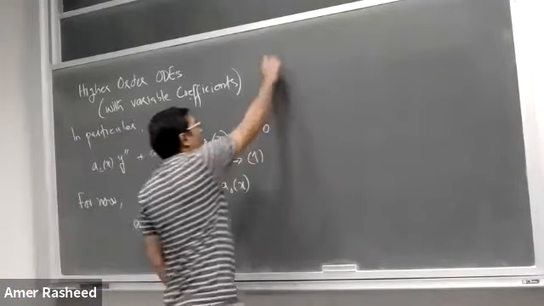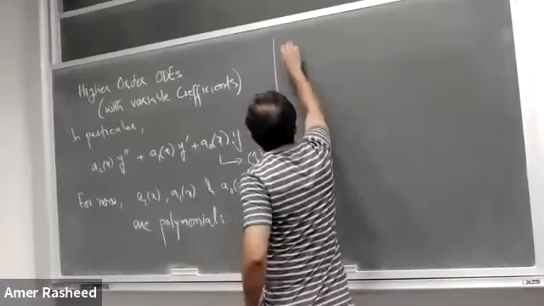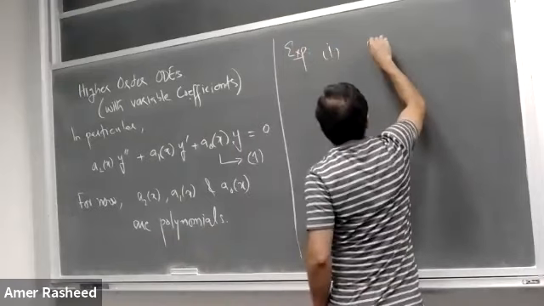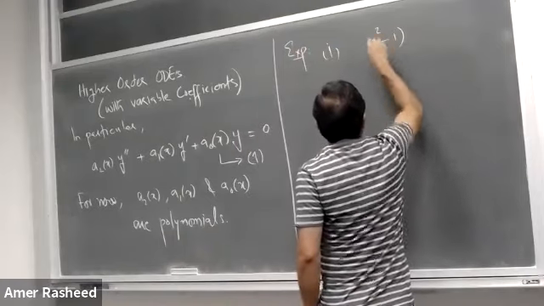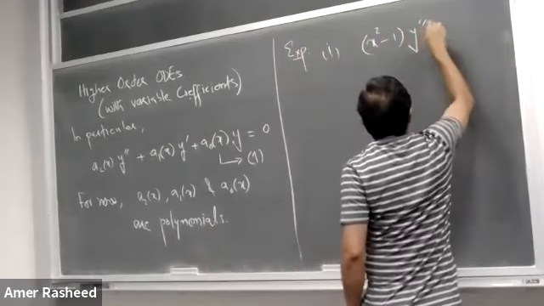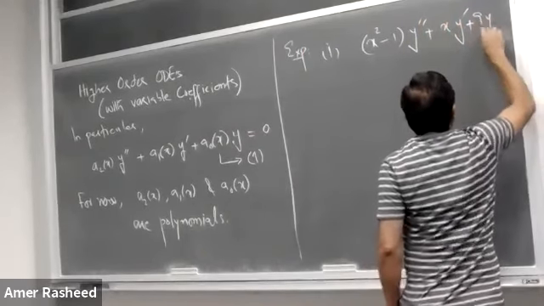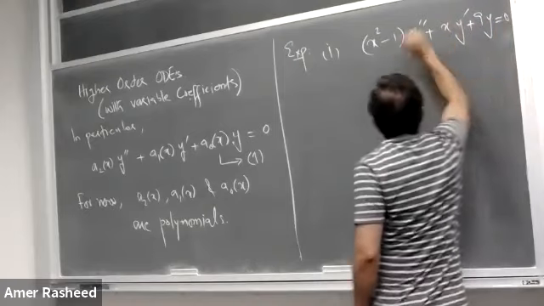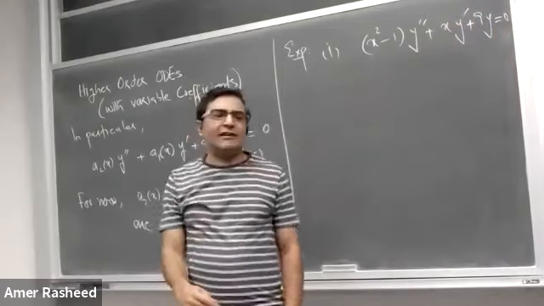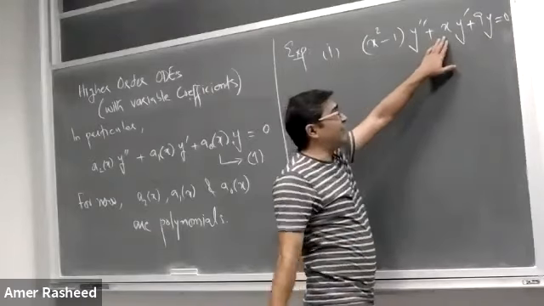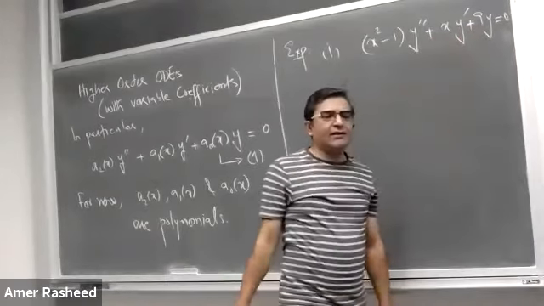For example, if we have an equation of this form, maybe x squared minus 1 y double dash plus x y dash plus 9y equal to 0, you can see that A2 of x is x squared minus 1, A1 of x is x, and A naught of x is 9.